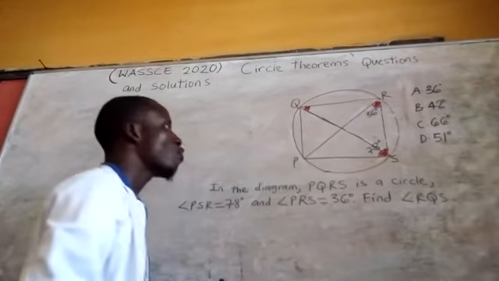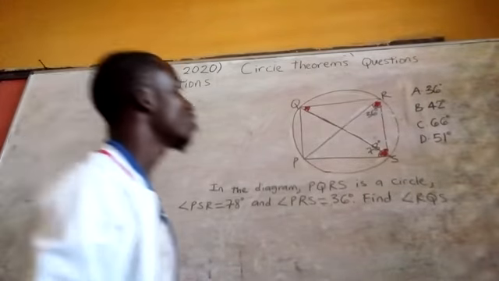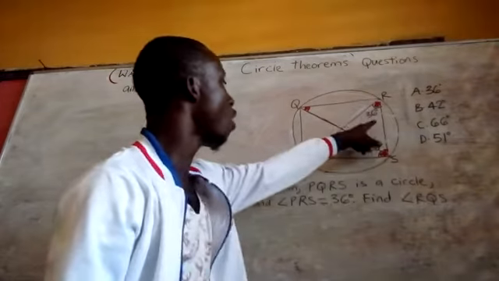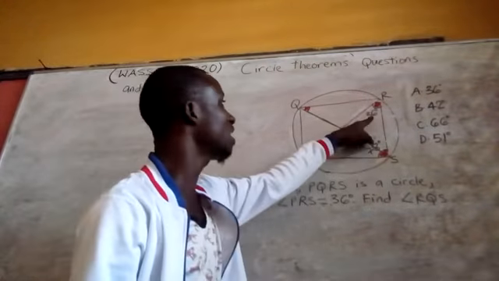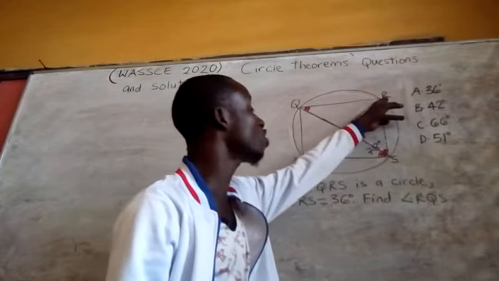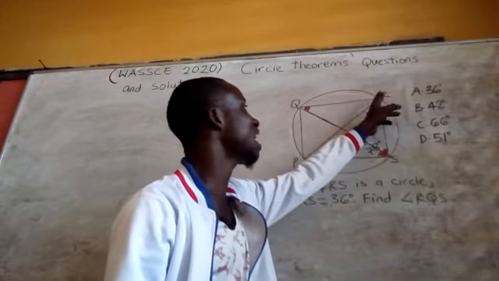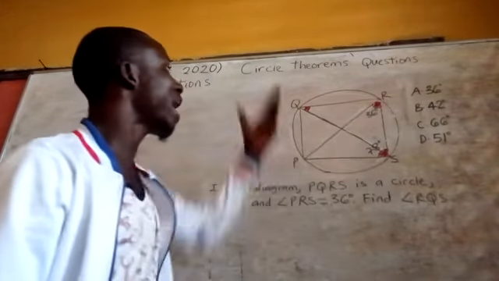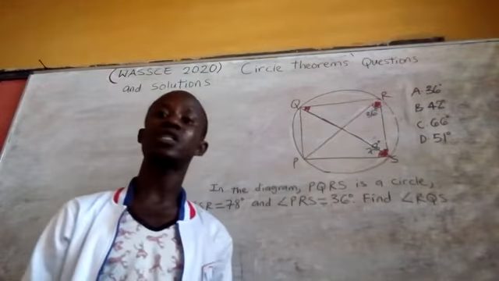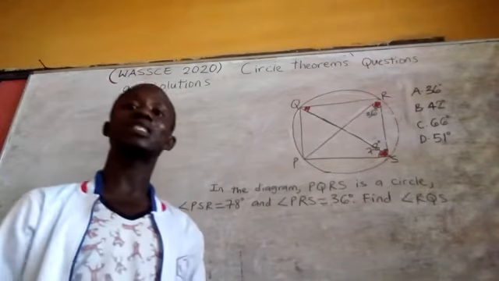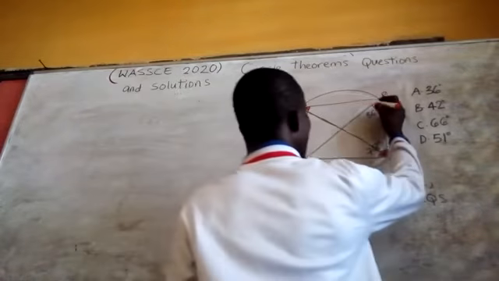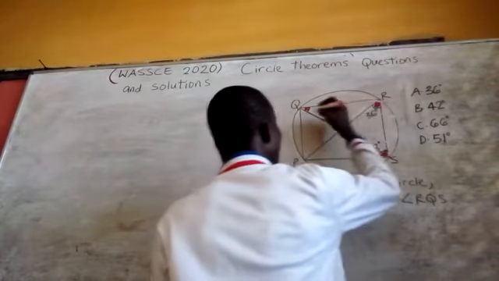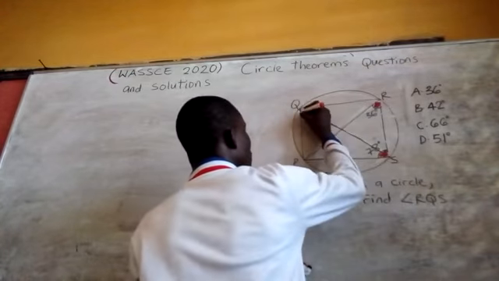So first and foremost, we can see that angle PRS, which is 36 degrees, is the angle touching the circumference of the circle. So angles at the circumference of the circle in the same segment are equal. So we can see that this 36 degrees is in the same segment as this angle.